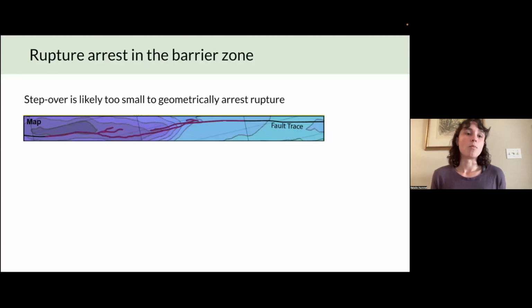So one way you can arrest rupture is to have a stepover in a fault. And we see that here. There's this approximately 1 kilometer wide stepover in the middle of the rupture barrier. It's probably too small, based on the limited numerical modeling that I've been able to find, to geometrically arrest rupture all on its own.